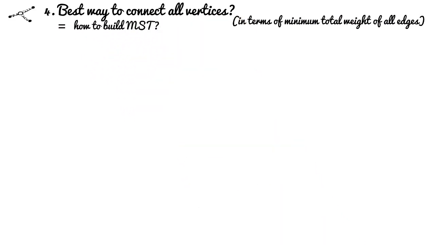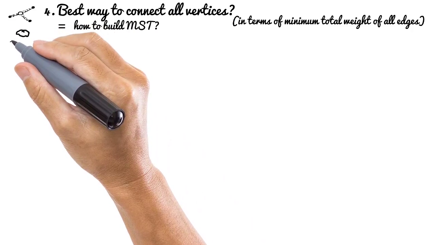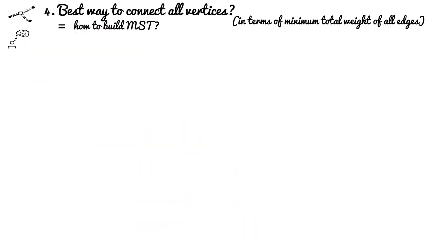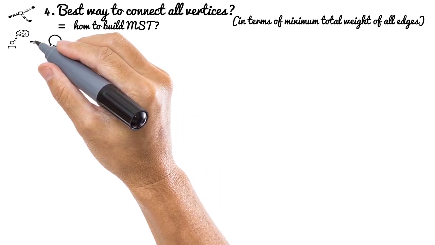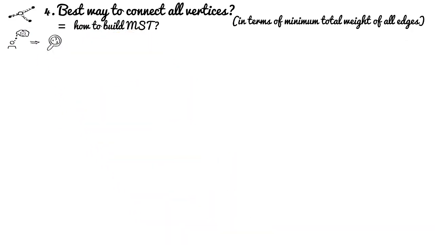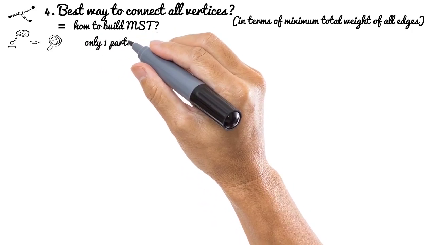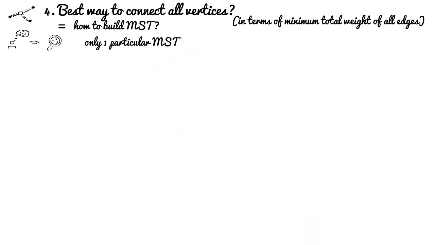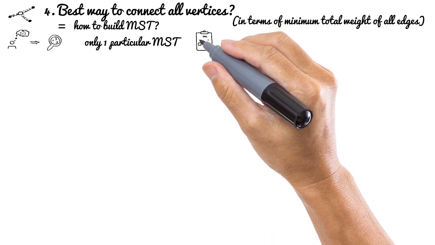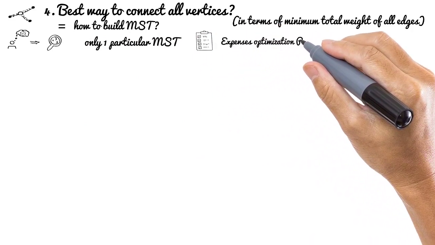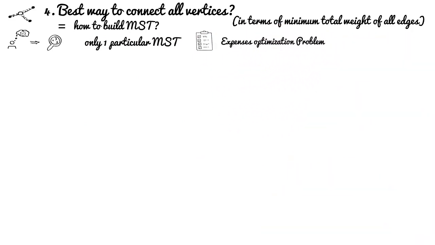While previous connectivity tasks about connected components were qualitative ones, where we are good as long as we can find connected components, this task is quantitative. We are interested in just one and the only one particular minimum spanning tree. A practical problem to solve here is an expenses optimization problem: to build something with a minimum amount of materials, for example, to build a neighborhood fiber optic communication network with minimum overall length of optical cable.